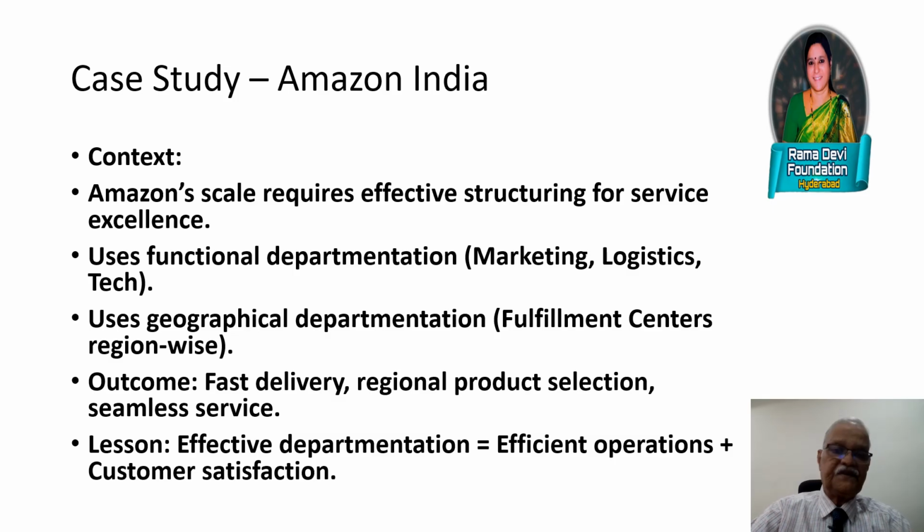And what is the outcome here? The fastest delivery, regional product selection, and seamless service. The lesson to be learned here is effective departmentation equals efficient operations plus customer satisfaction.